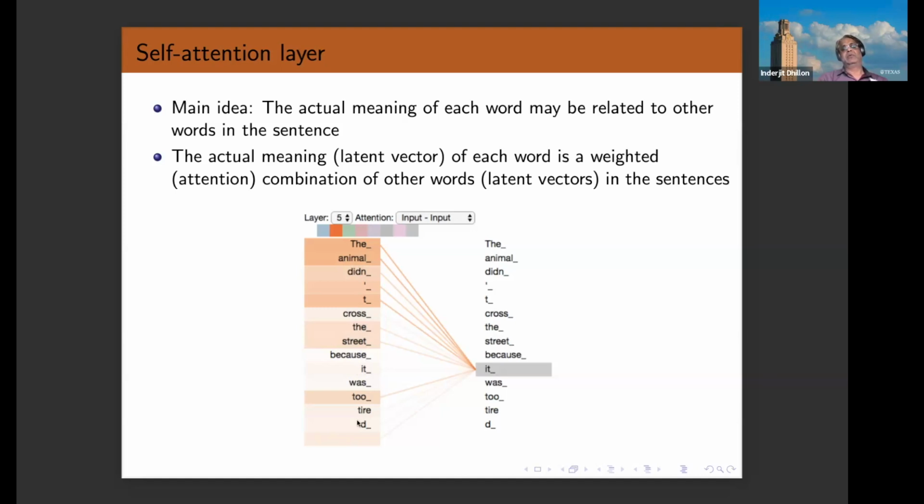Now, there could be some cases, especially in jokes, where it refers to some other noun. It could potentially refer to the street: the animal didn't cross the street because the street was too tired. Of course, that's not the meaning here, but you can have jokes where the standard usage of it might not be what is meant in the sentence.